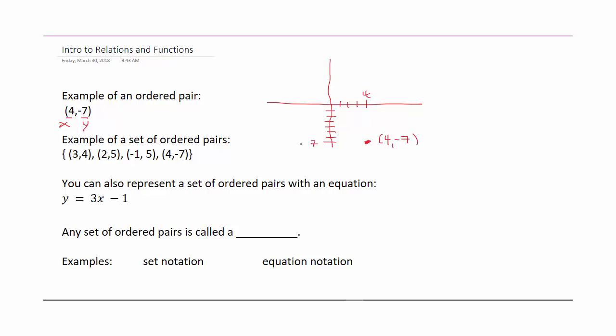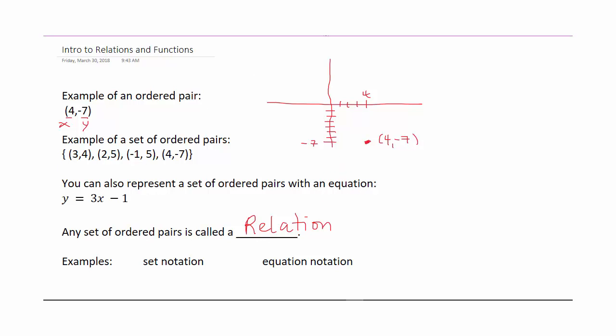And we might have a whole bunch of points plotted, like the whole set here, which has (3, 4), (2, 5), (-1, 5), (4, -7). We could plot each of those points, and that too would represent a relation. Basically, any set of ordered pairs is called a relation because it defines a relationship between a set of x's and a set of y's.